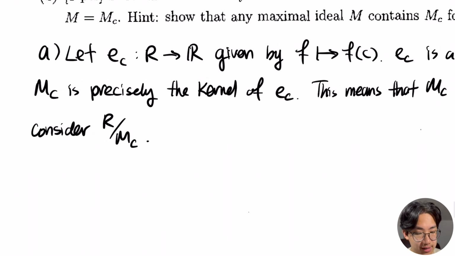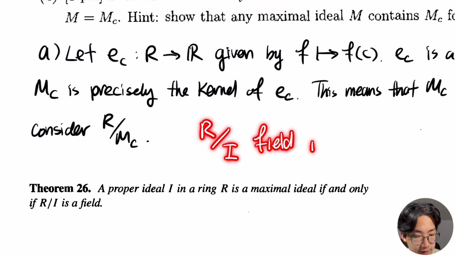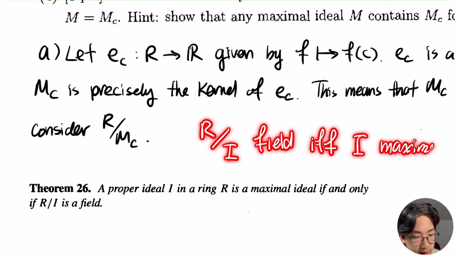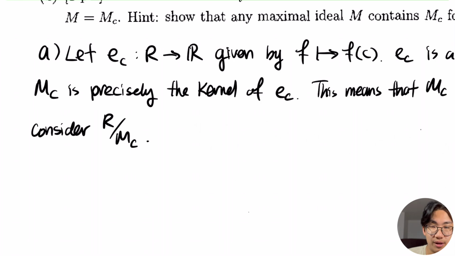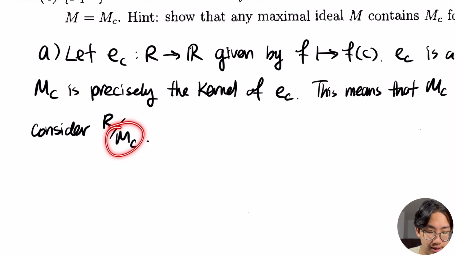But the overall idea is that R mod M sub C, in this case we'll use R and I just to be more general. So R mod I here is a field if and only if I here is maximal. So through the first isomorphism theorem, we'll eventually show that this is indeed isomorphic to the real numbers, which is of course a field. And from that we can conclude that M sub C is indeed maximal as well. So let's do that.